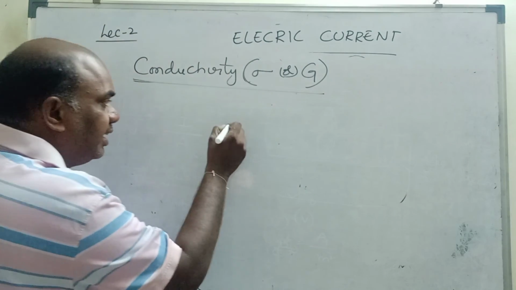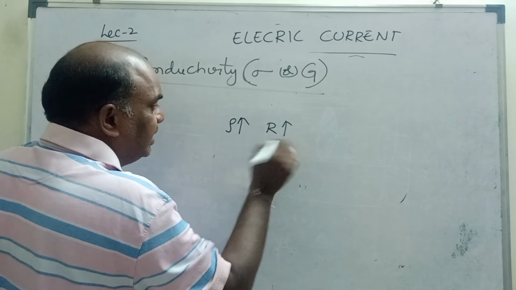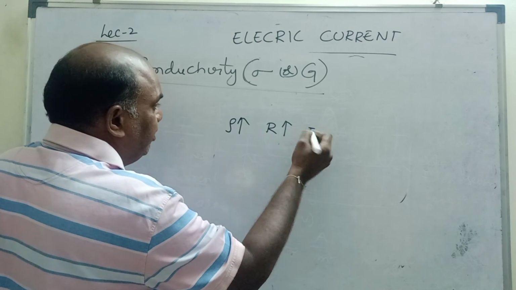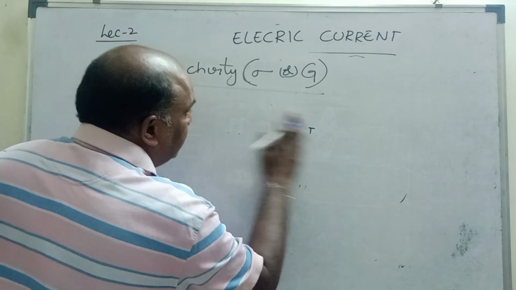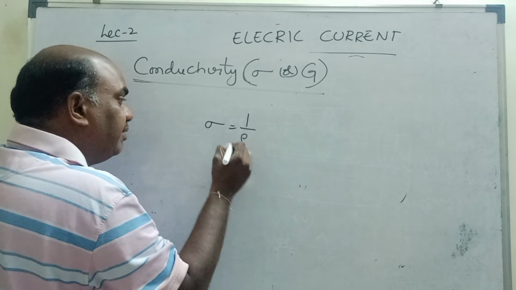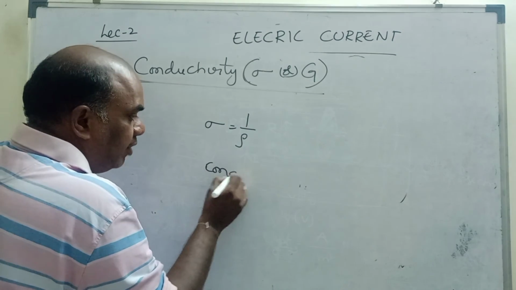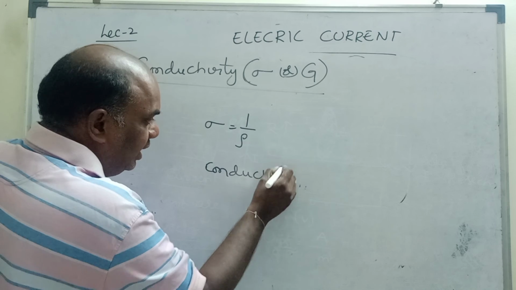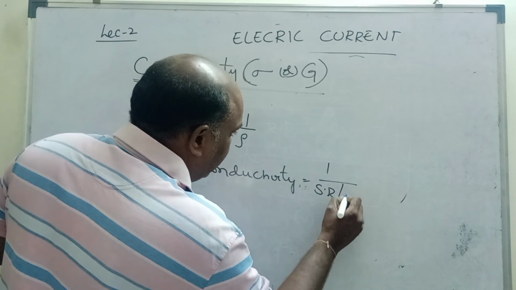If resistivity increases, resistance also increases. If temperature increases, resistance increases. Resistance increases, resistivity increases. But conductivity is nothing but the reciprocal of resistivity. So the conductivity formula: conductivity is equal to 1 by specific resistance or resistivity.